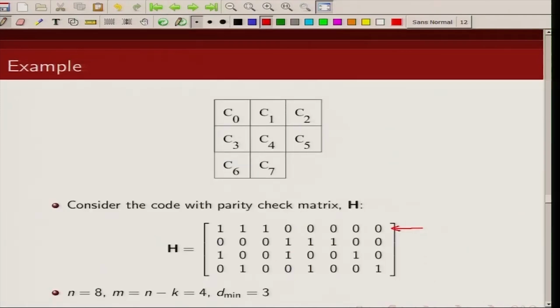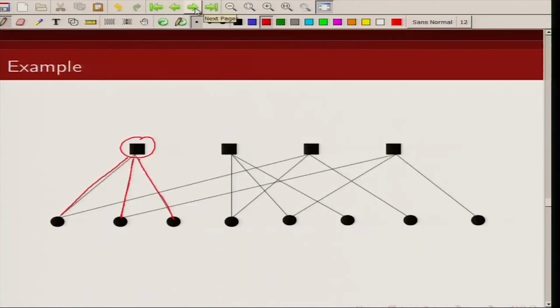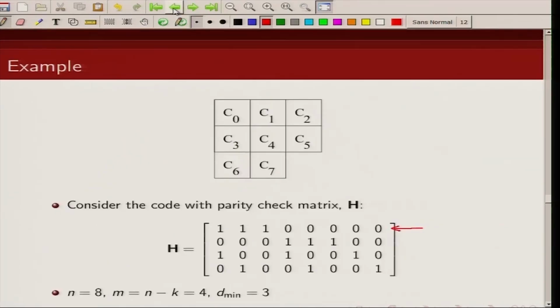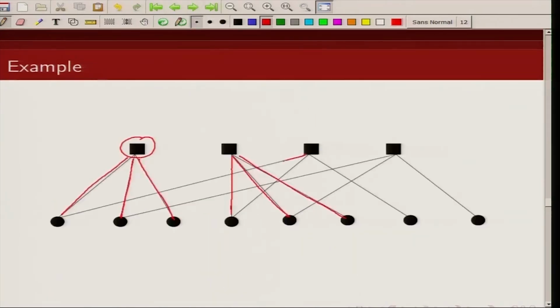The second parity check involves the 4th, 5th and 6th bits. This one involves the 1st, 4th and 7th, and similarly we can verify for this also.